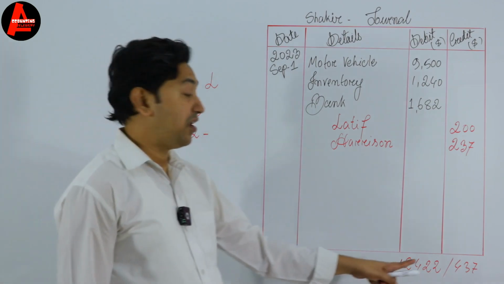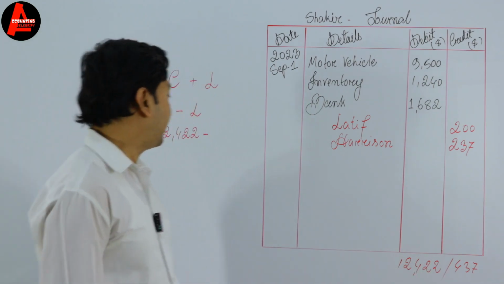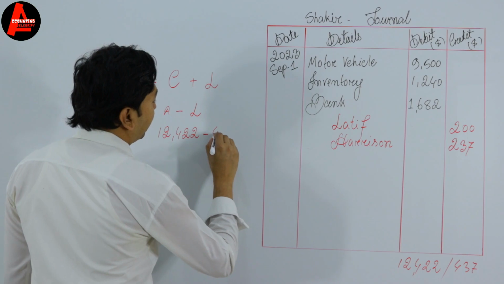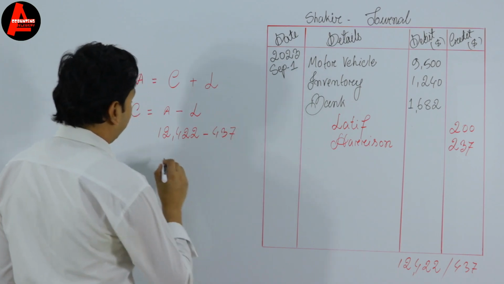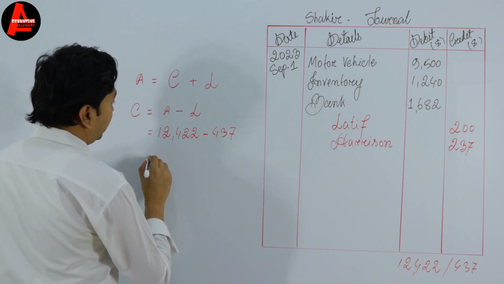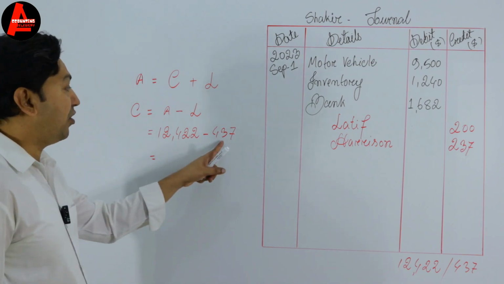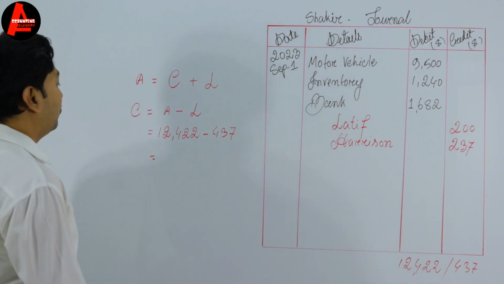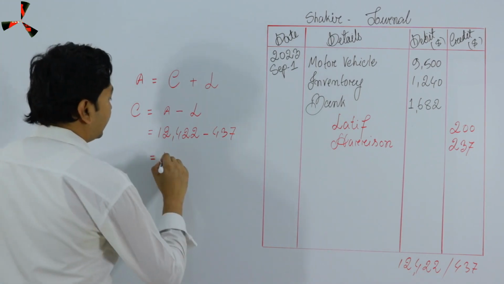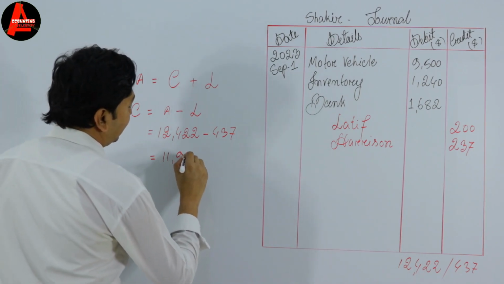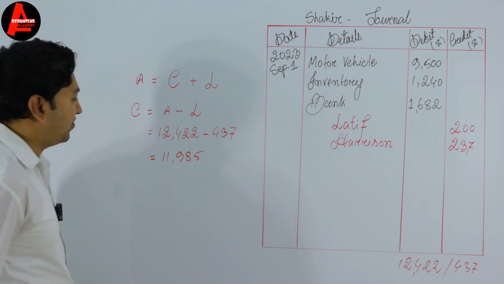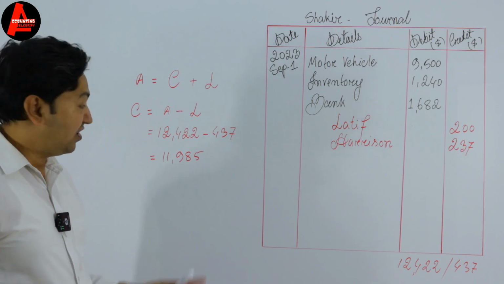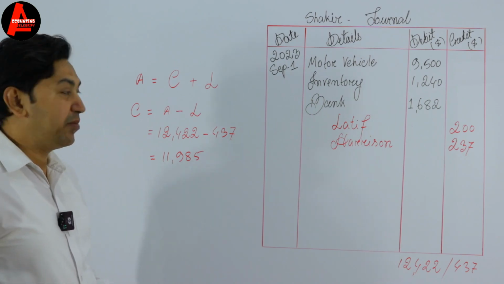We have here liability, it is $437. So let us minus it here. Now if we subtract this 437 liability from the assets, we get our capital. It is $11,985.